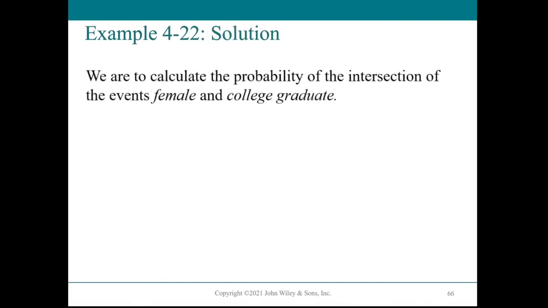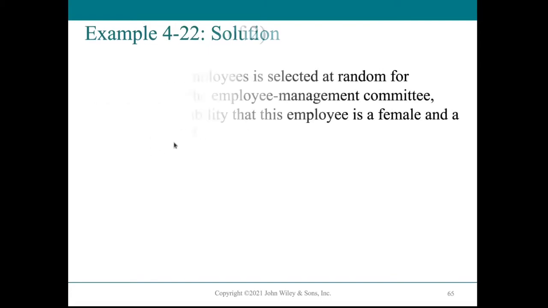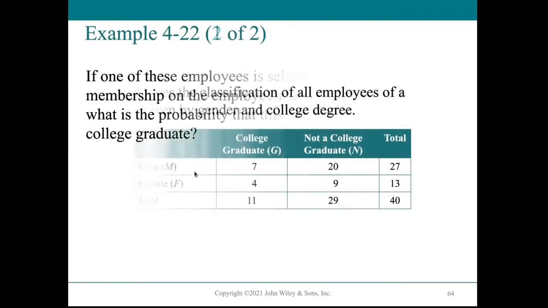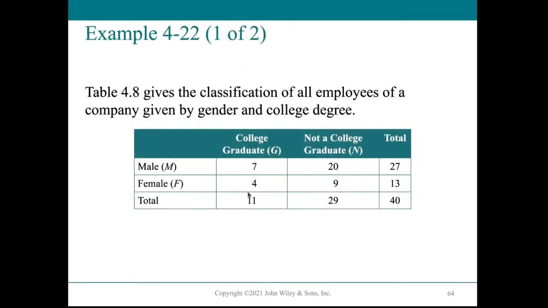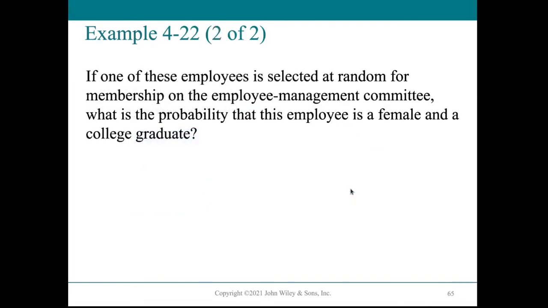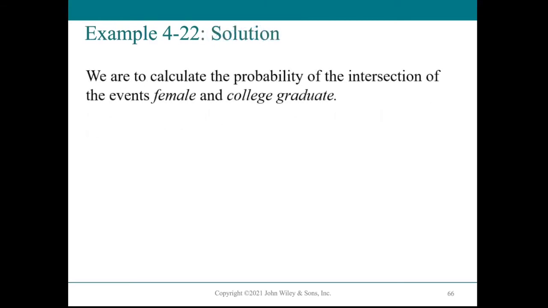If you're going to calculate the probability of the intersection of the events female and college graduate, the probability of getting a female is 13, because if you look at our table, the event is being a female, regardless of whether you're a college graduate or not. But the second condition is you must be a college graduate.